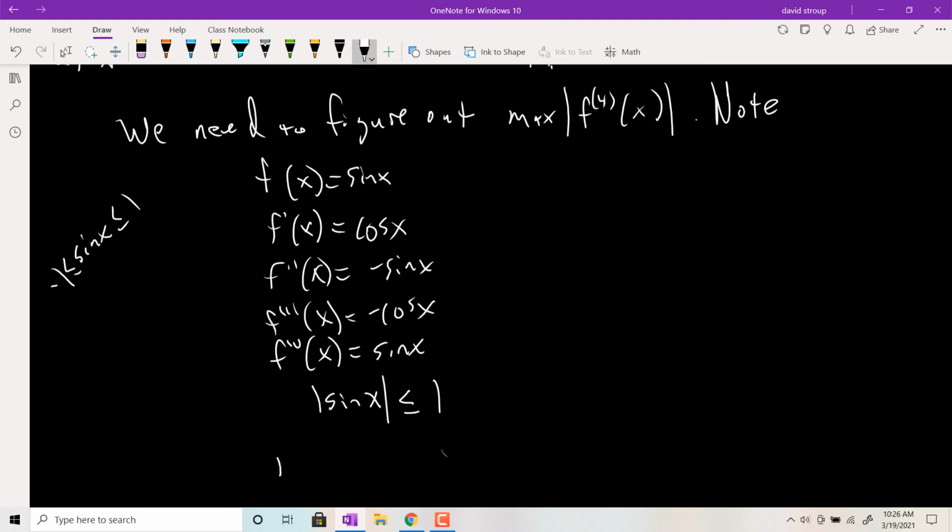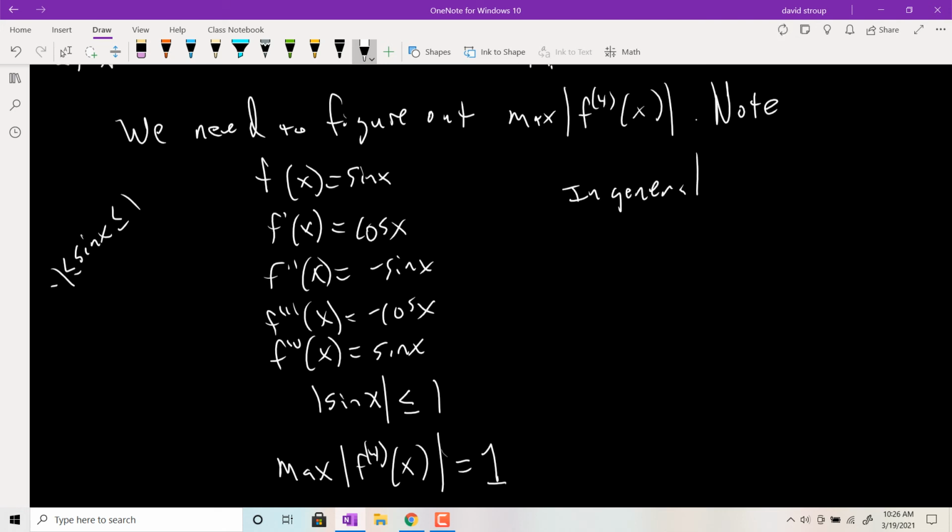So we can say the max of the fourth derivative on this interval from 0 to 0.1 is at most 1. We can do better than that, but without a calculator, we're just going to let this be 1.